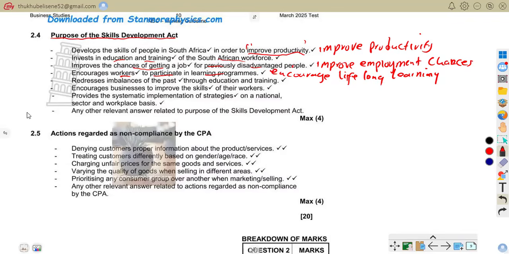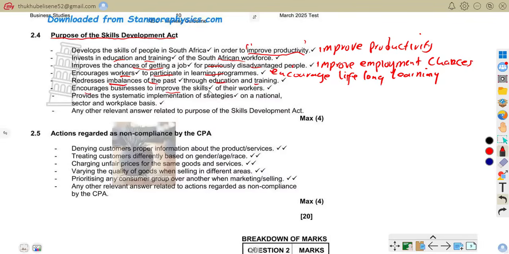Redress the imbalances of the past through education and training. So it means training disadvantaged employees. Those who were disadvantaged previously are to get training so that we give a remedy to the imbalances that were there in the past.